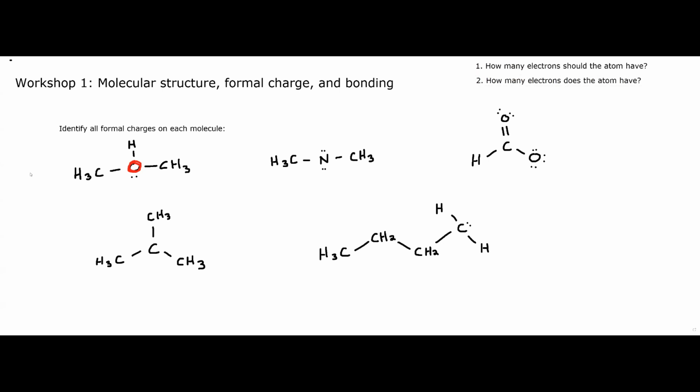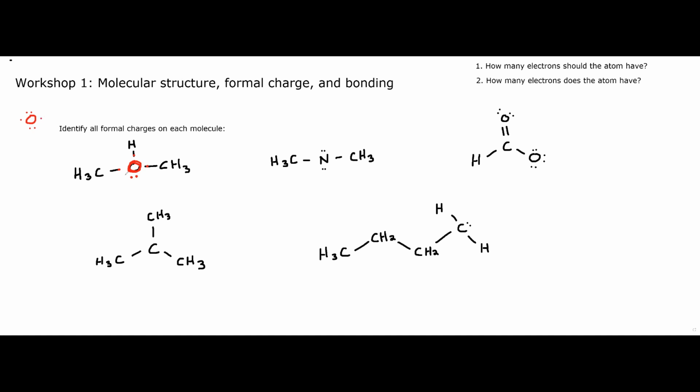So let's look back at this oxygen. We see the oxygen has 1, 2, 3, 4, 5 electrons. Remember, it gains 1 electron from each single bond, and then it has a lone pair. So this oxygen has 5, but it should have 6. If we recall, oxygen should have 6 valence electrons.